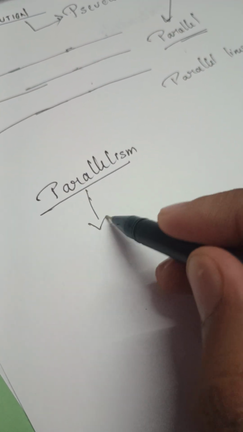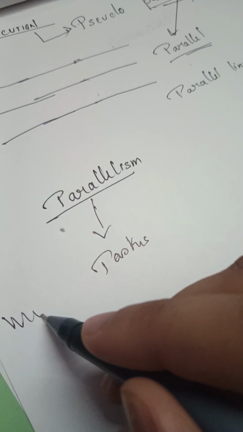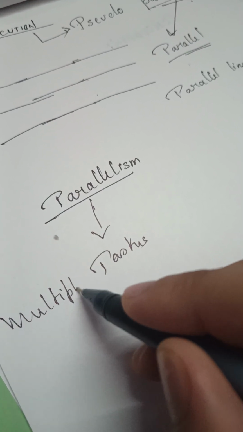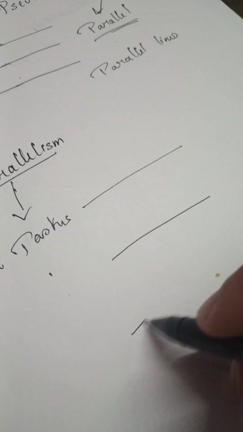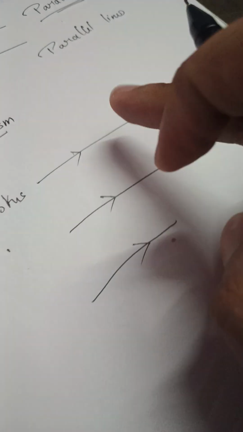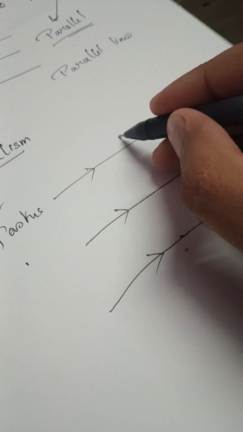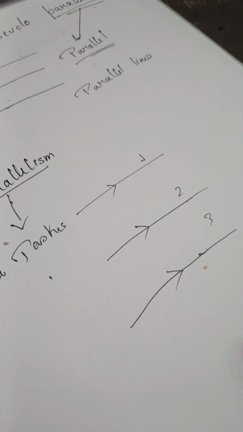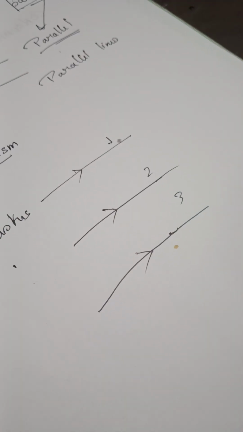Parallelism is basically multiple tasks, okay? So this is task 1, this is task 2, this is task 3. Multiple tasks running at the same time without interfering with each other.